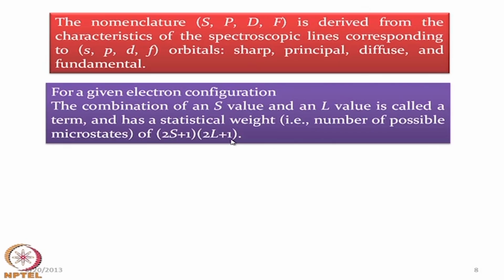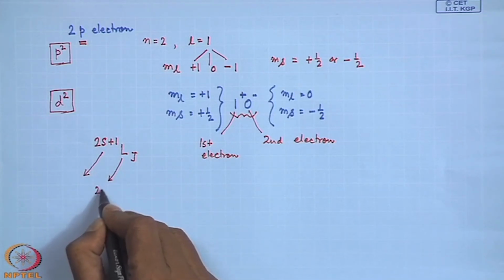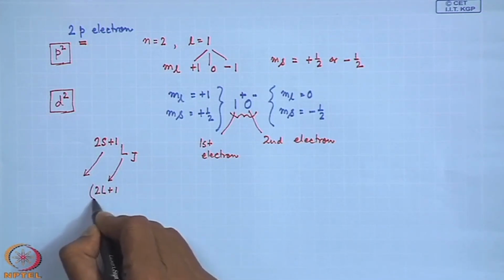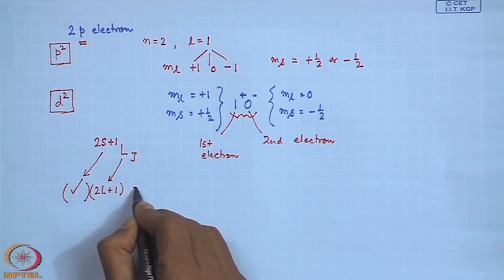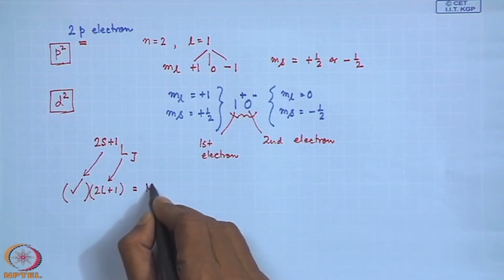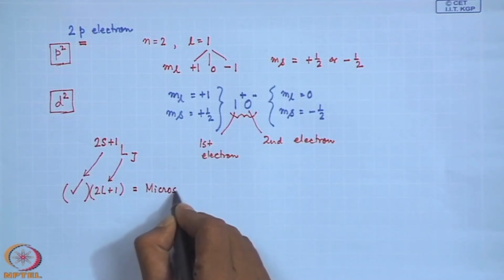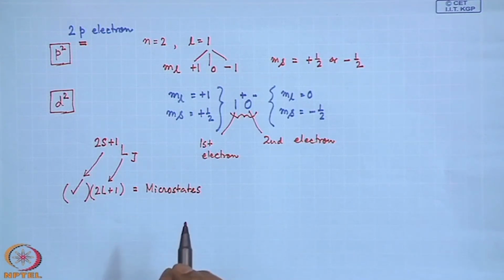So, multiplying these two, we will get the total number of possible microstates.